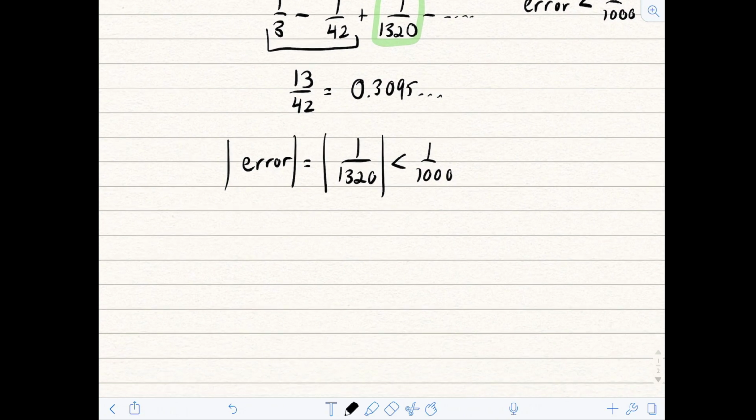And then if I did want to compare the integral from 0 to 1 of sine of x squared dx, if you type that in your calculator, you should get 0.310263, and so on and so forth.